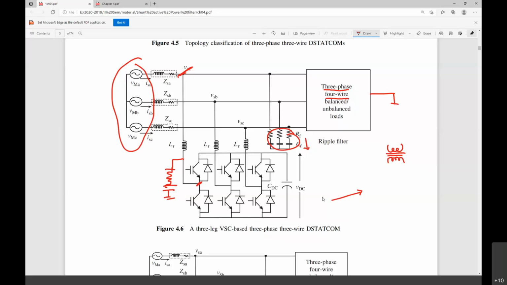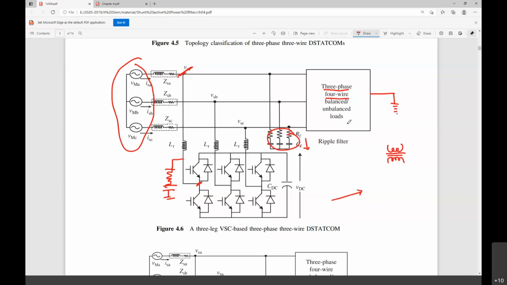There is a neutral current over here, but this kind of topology will not work out here. Don't think about the three-phase four-wire balanced and unbalanced load at this point.